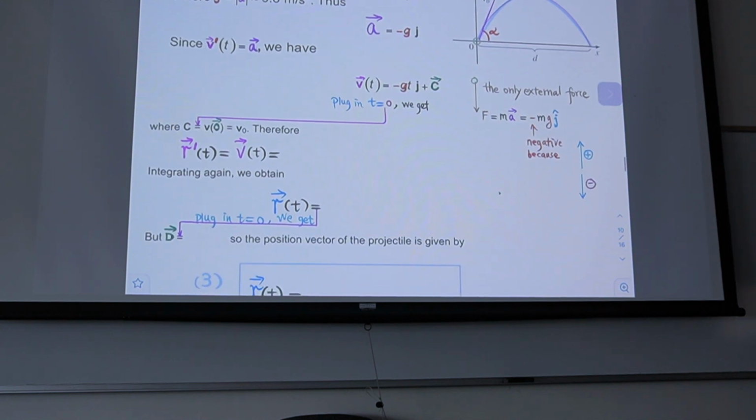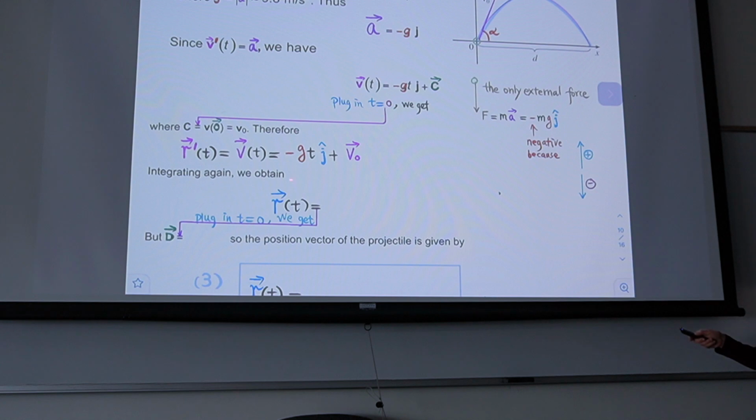Therefore, we can plug the C back right here, and we can get the velocity function. So the C here is v naught, the initial velocity.